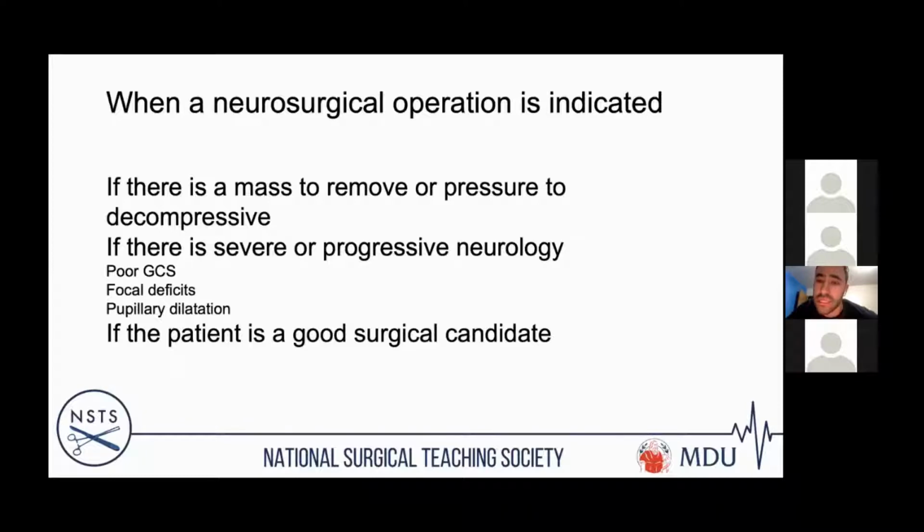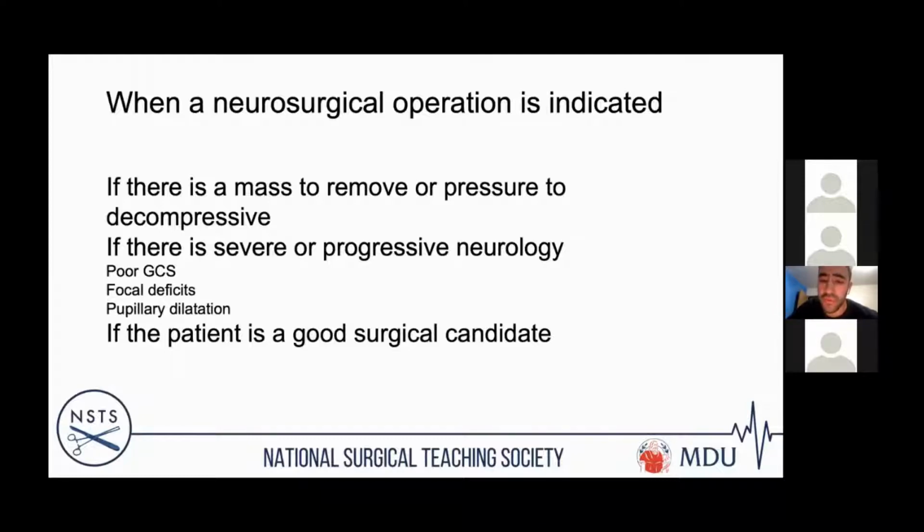And last but not least, and this is a principle for all surgical specialties, is if the patient is a good candidate for surgery. If the patient is medically fit enough to deal with the insult of surgery, because surgery is ultimately an insult. It's ultimately a very severe attack on the body that requires a healthy person to be able to recover from.